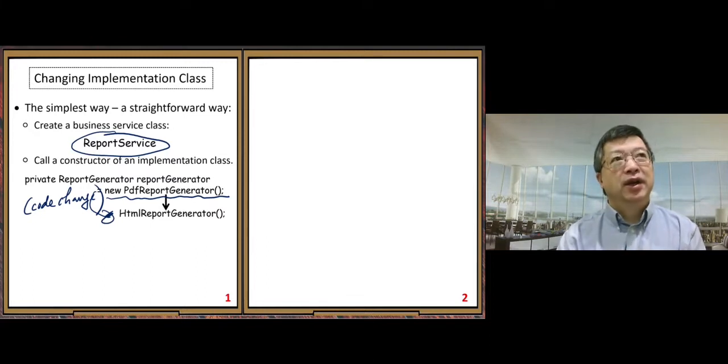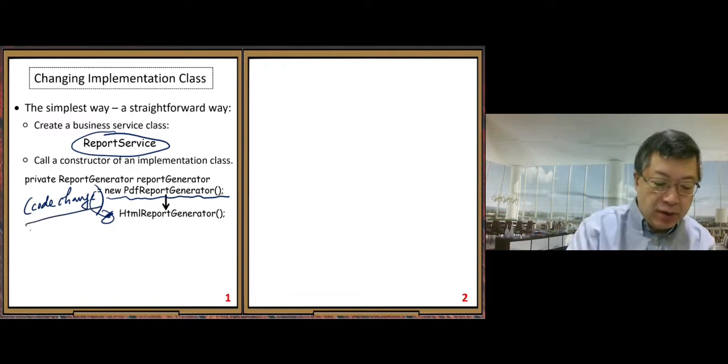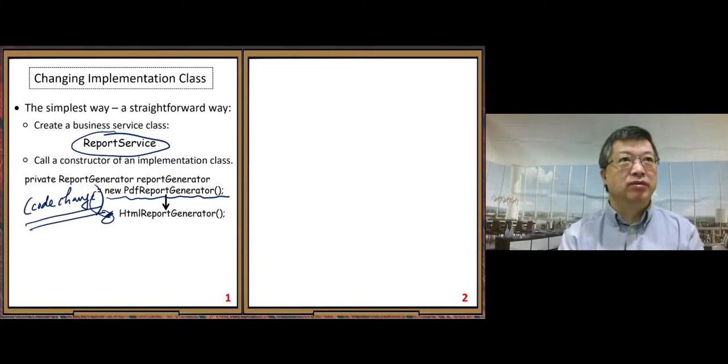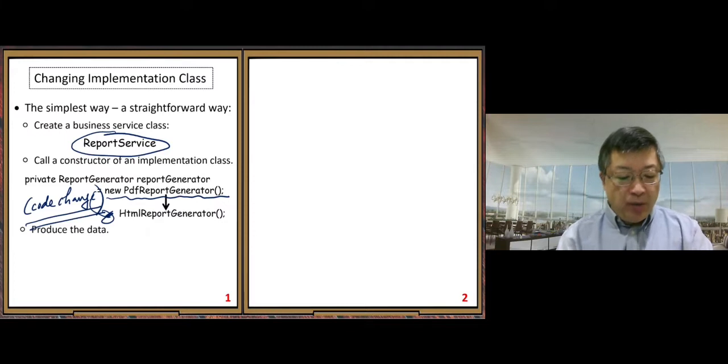Later we will see the problem, because the code change could cause some efficiency problem. The solution is correct, it has no problem, but from the efficiency point of view, there is some problem.